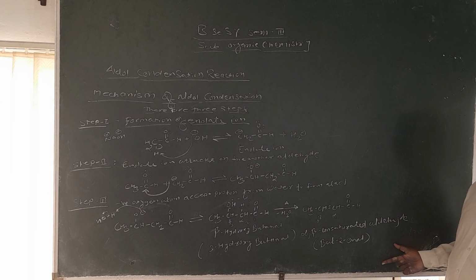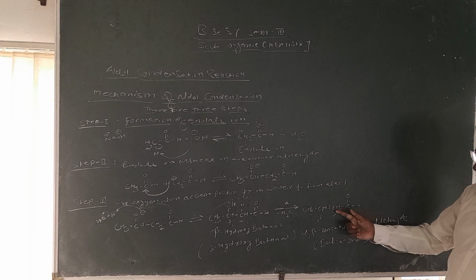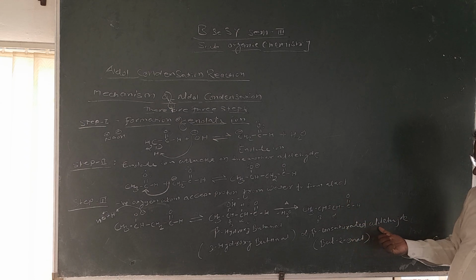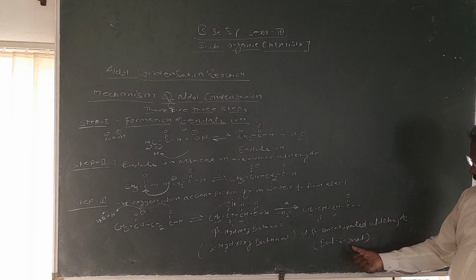So this is the mechanism of the aldol condensation reaction. Unsaturation is present at the alpha and beta positions, that's why it is alpha beta unsaturated butenal.